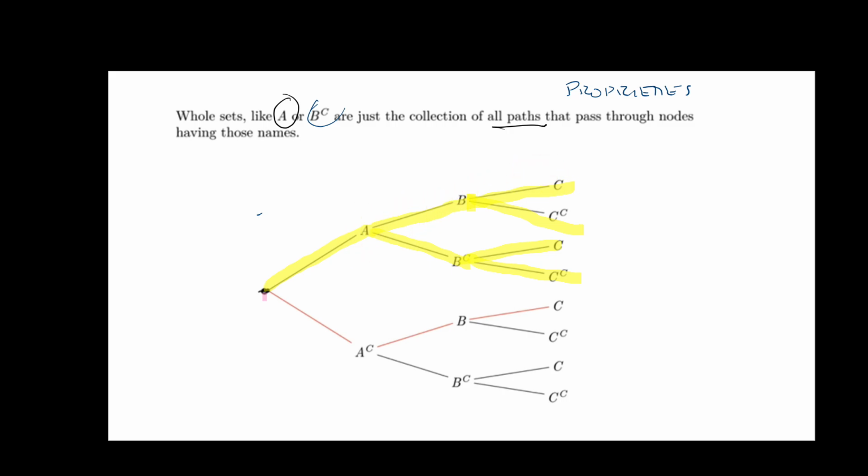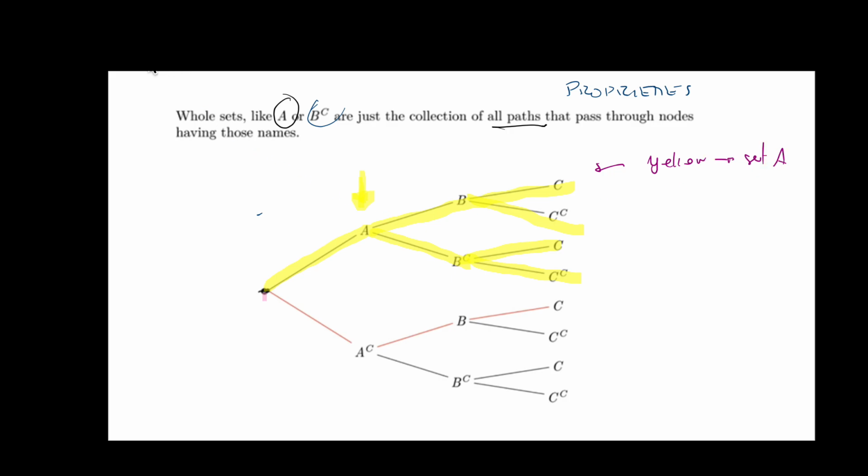I can be either in B or not in B, and then C or not in C. But whatever option I make, A is represented by all these possibilities of subsequent choices. So this in yellow represents set A.